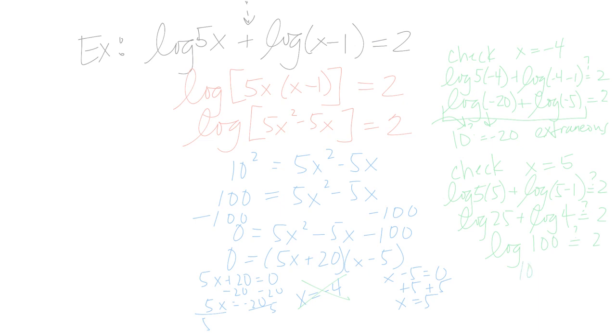So this is really log base 10 of 100. Does that equal 2? And then this is 10 squared equals 100. That does work. So 5 is a solution. Okay, so if I had an equation that instead had this on the other side, let's say, I would bring it over. You want all the logs to be on one side, and then you could rewrite it as a single log and solve from there.